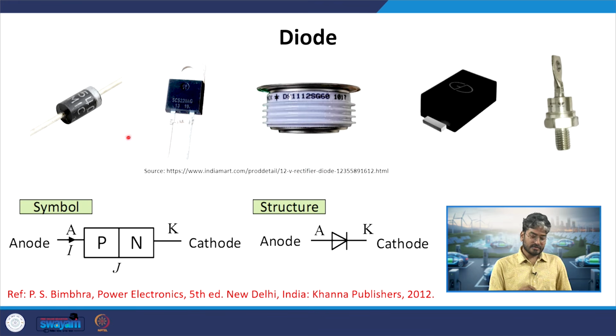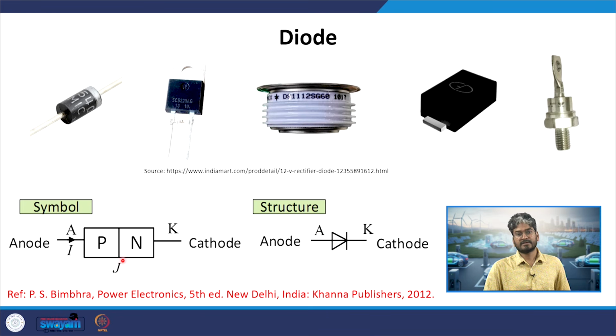The pictures shown here correspond to diodes. The difference between them is their application and their power ratings. Based on the voltage and current rating, we will find different types of diodes, and we will select one of them. The symbol of the diode has anode and cathode terminals, positive and negative, A and K, with a junction in between.